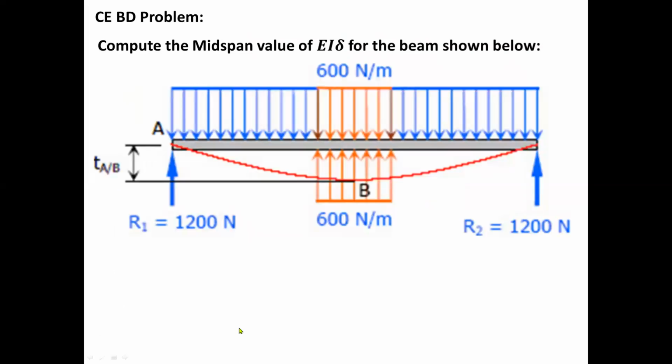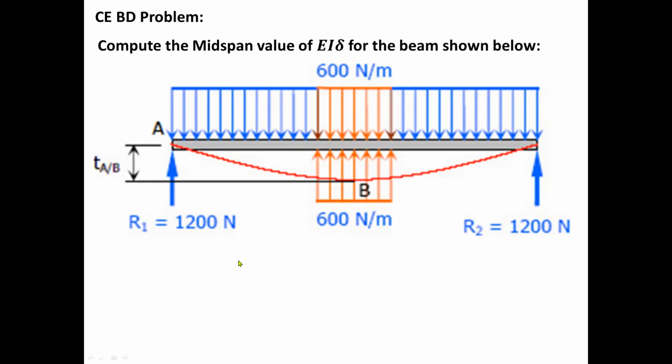Compute the midspan value of EI to be multiplied by deflection for the beam shown below. So EI deflection, okay? So yun yung ating beam. Symmetrical, di ba? So 1,200 Newton, both sides, yung ating mga reactions.